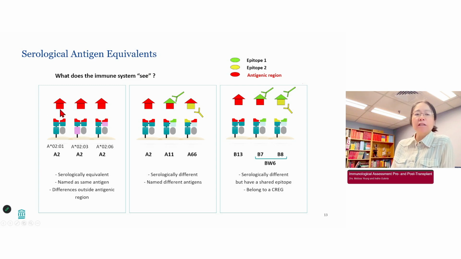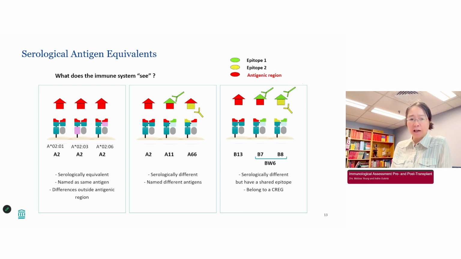And this represents what you can see, which is the antigenic region of the molecule. Inside the house, the layout or the furniture may be completely different, but that's not accessible for the immune system to see. So what that means is the polymorphism is elsewhere, outside the antigenic region.